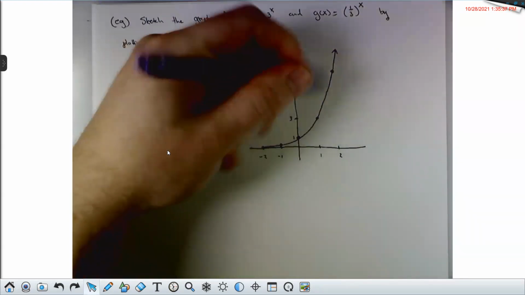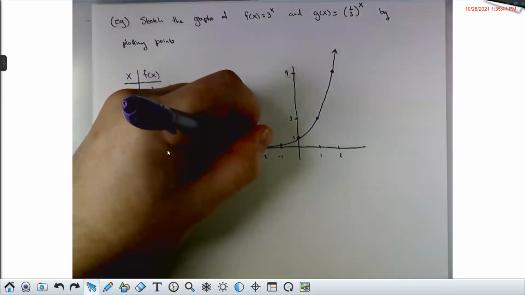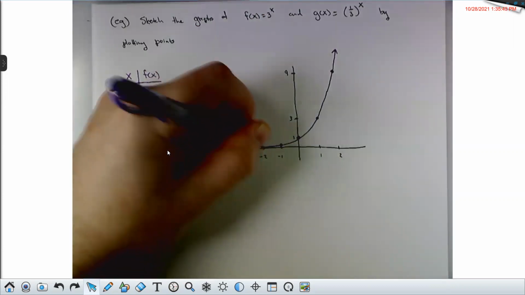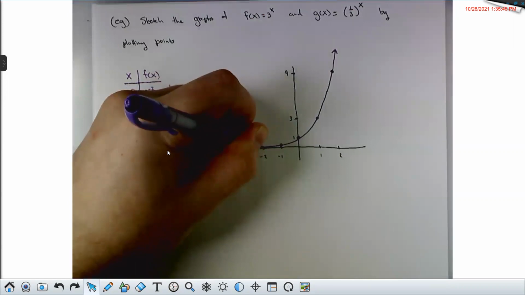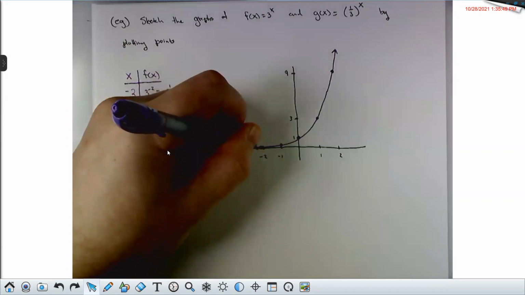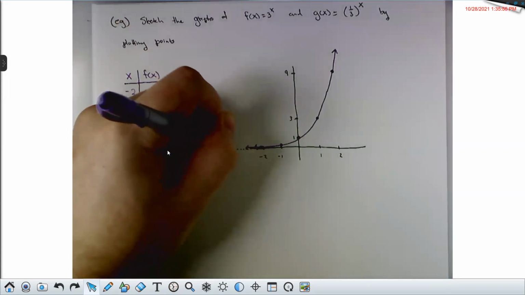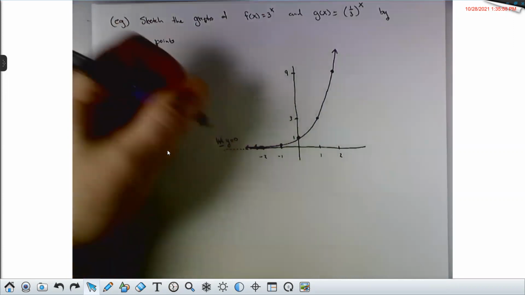It's going almost straight up here, and going almost straight over here. And we have this horizontal asymptote, y equals 0, right?